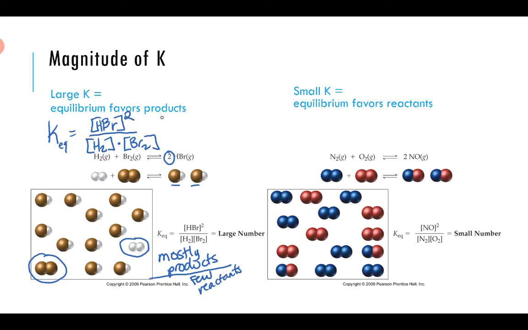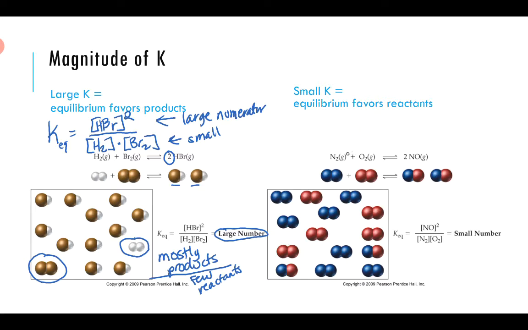And so since we're going to have a large numerator and a small denominator, then our K is going to be a big number.